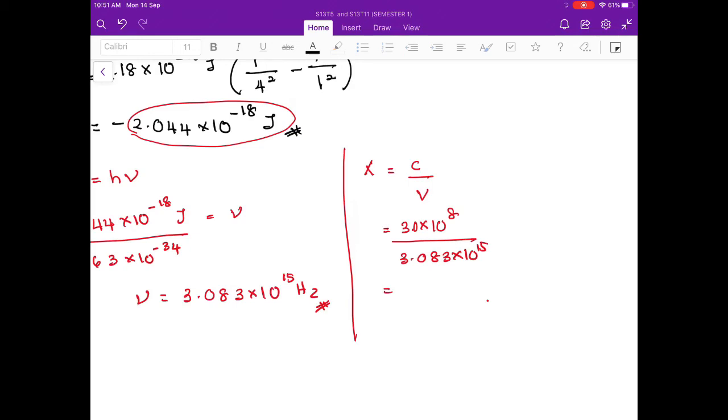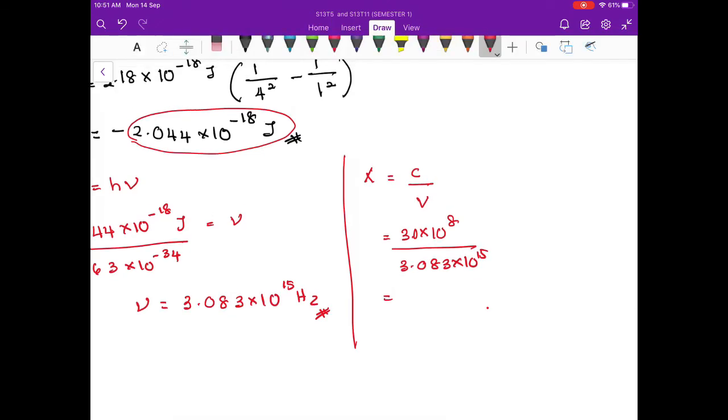Okay, we have 9.74 × 10^-8 meter. Since we want to give the answer in nanometer, it becomes 97.4 nanometer.